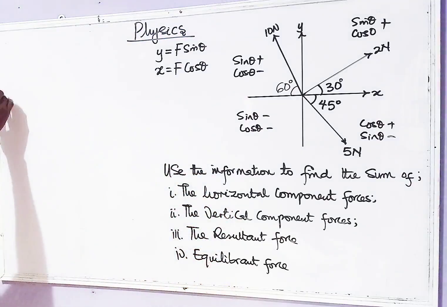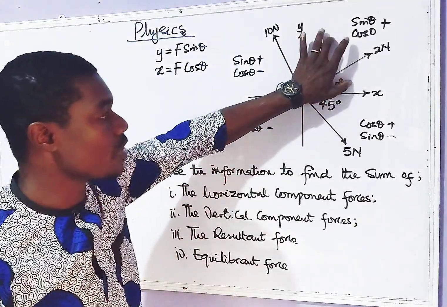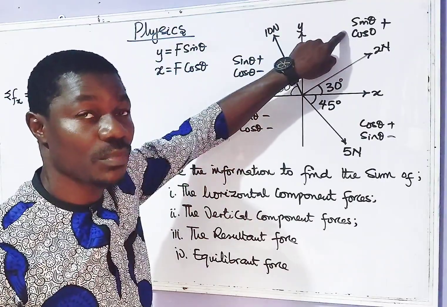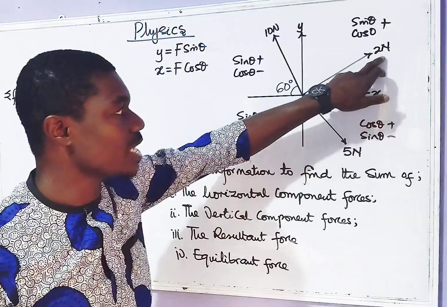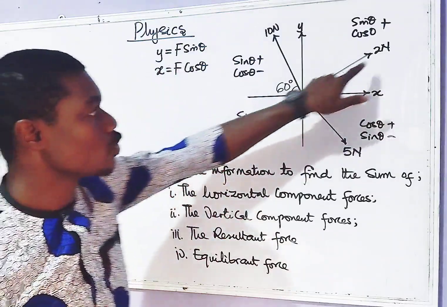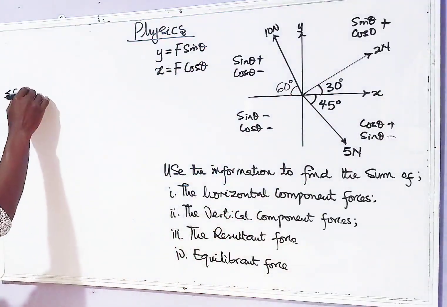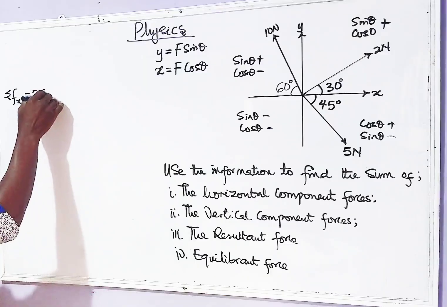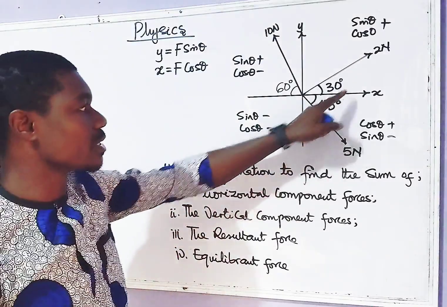We have the summation of F x equals, now let's go to the first quadrant here. Take note, both sine and cosine are positive. So let's take the force first, 2, then cos, and the angle is 30.